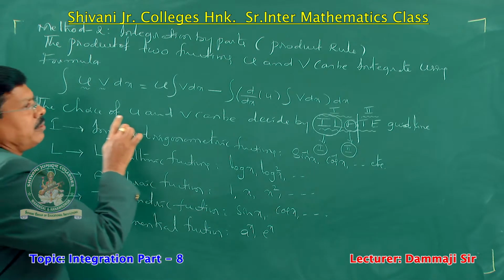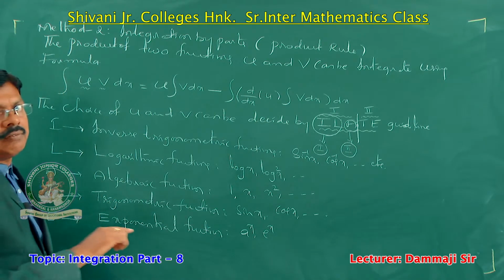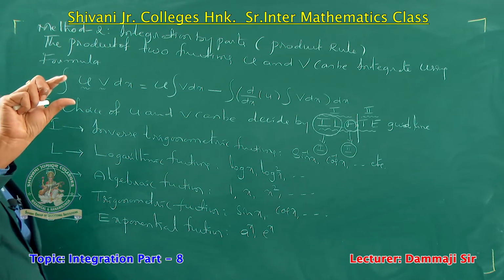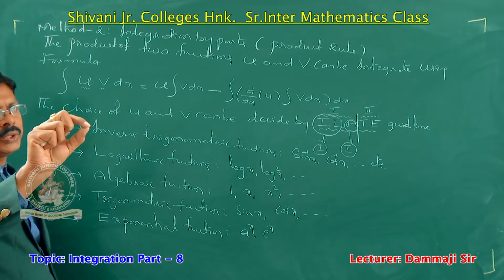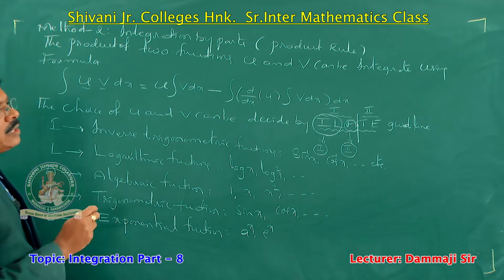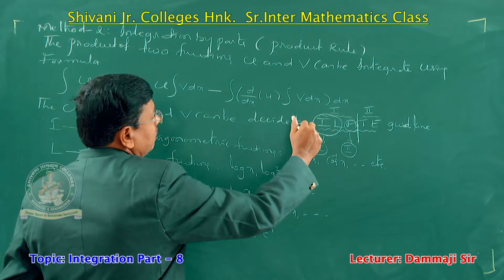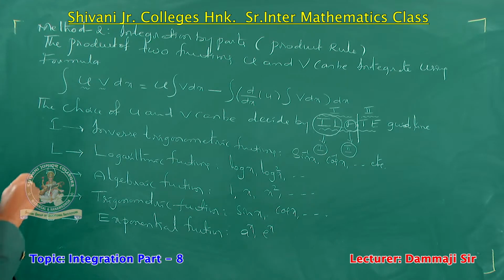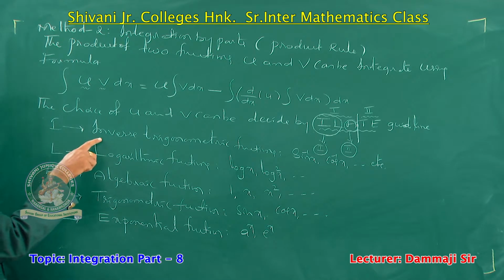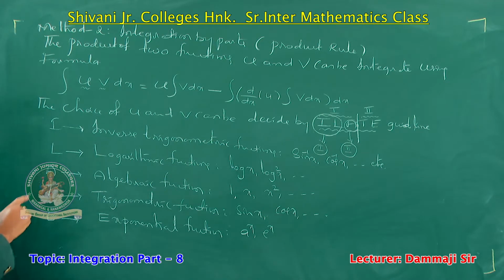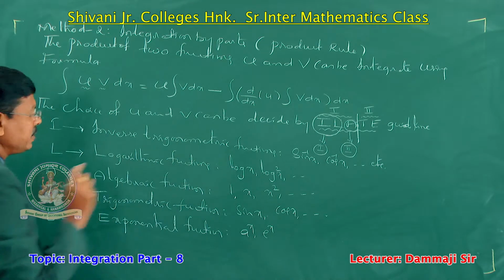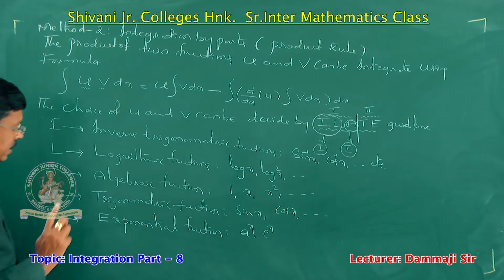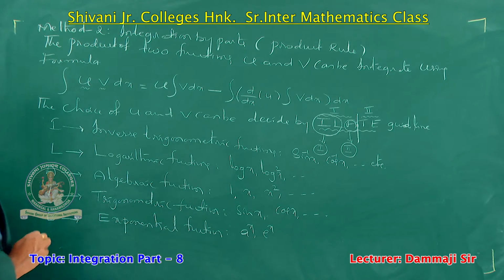For the first one, always remember differentiation. The second one is integration. Differentiation, integration, and finally we reach one point where it ends. For that purpose we decide the first and second according to ILATE. I is the inverse trigonometric function, L is the logarithmic function, A is the algebraic function, T is the trigonometric function, and E is the exponential function.